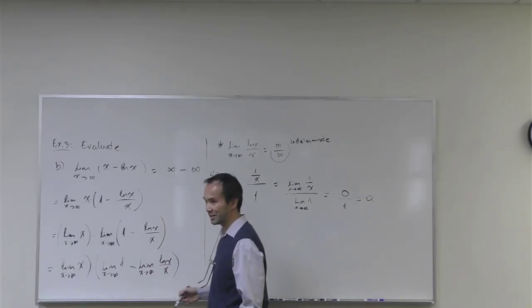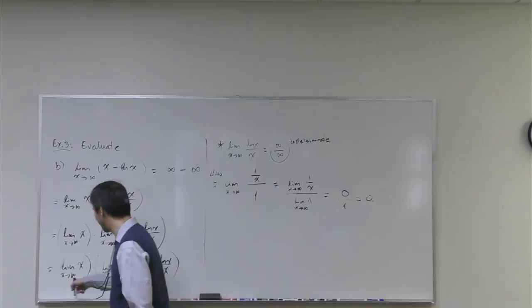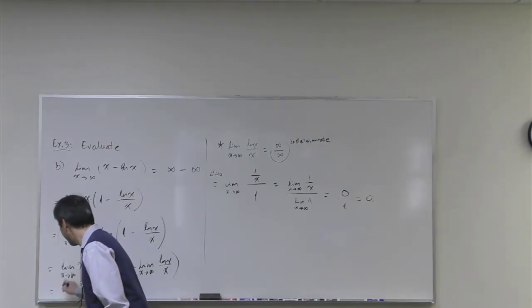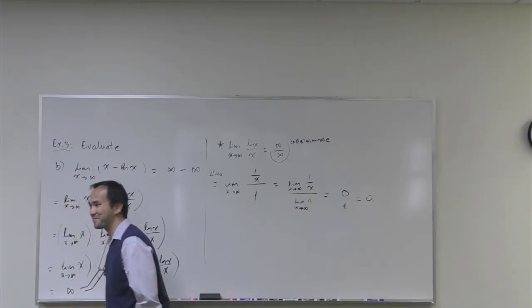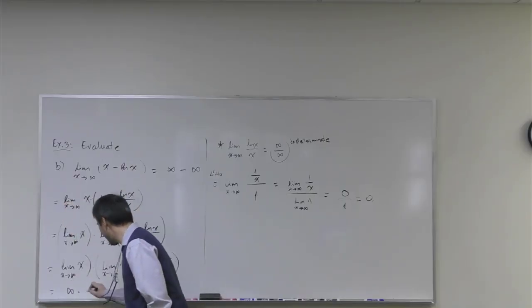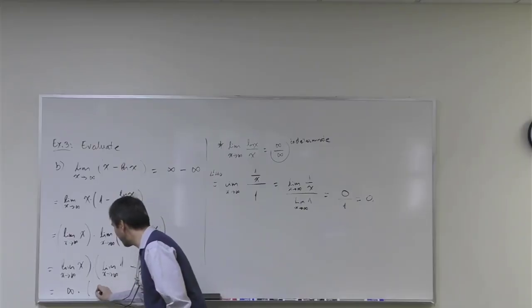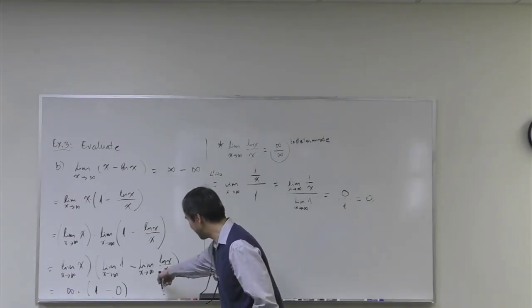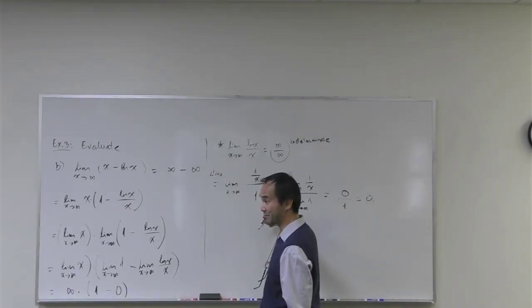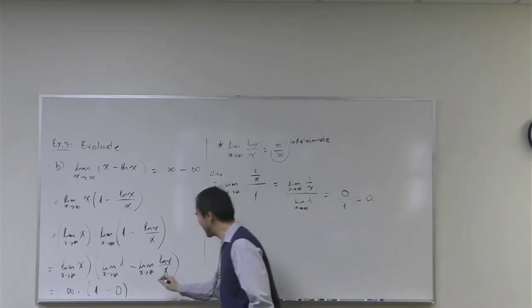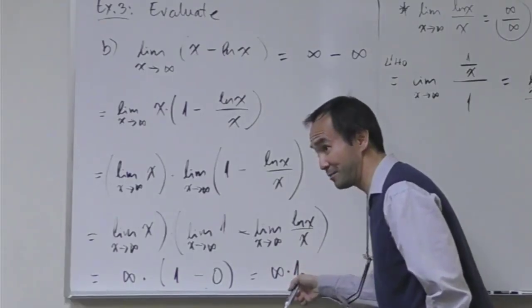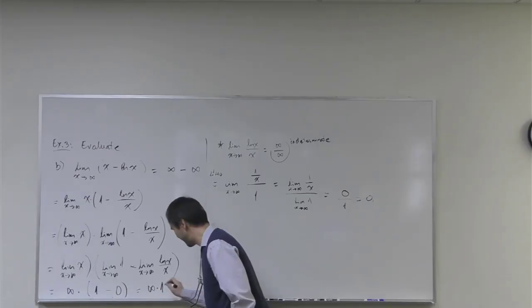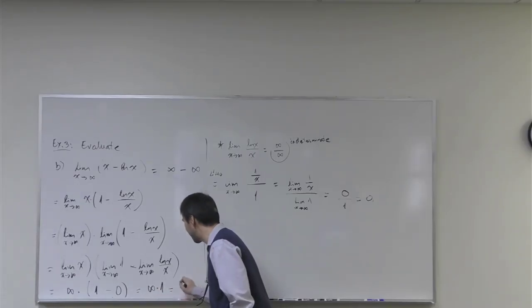What does this give us? The limit of x right here is infinity. You guys agree? We multiply it by this one right here: the first term is a 1, and the second term is a 0, which came from the separate result we just did. So that makes it infinity times 1, which is completely okay. This is not among the indeterminate forms, so the answer is simply infinity.